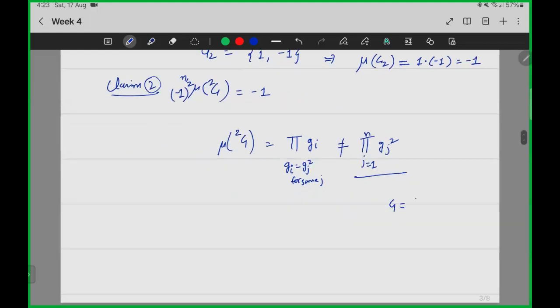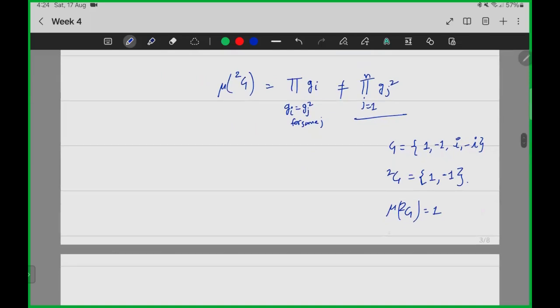For example, if G is equal to {1, -1, i, -i}, then what is 2G? The square elements. 1 is always the square of 1. -1 is also a square, since -1 is i square, and i is not a square. So 1 and -1 are the only squares. If you take the product here, mu of 2g will come to -1, right?